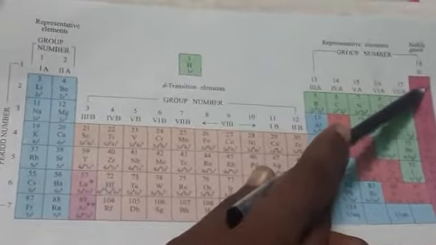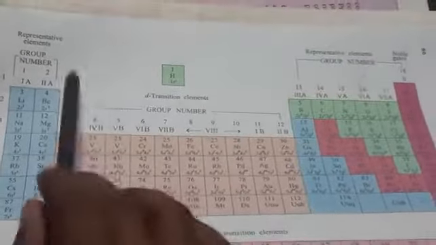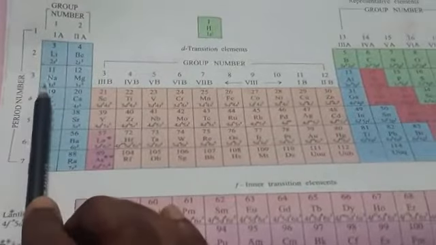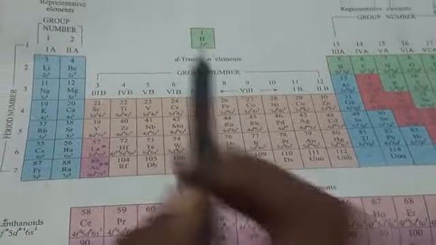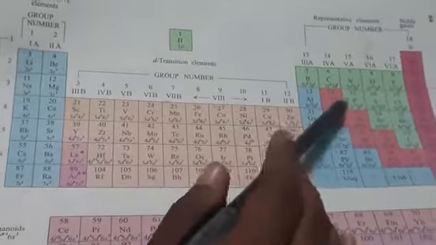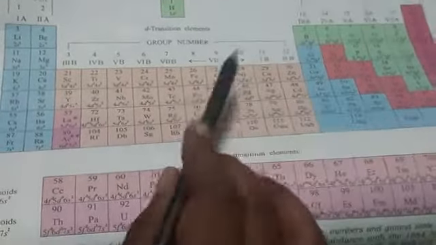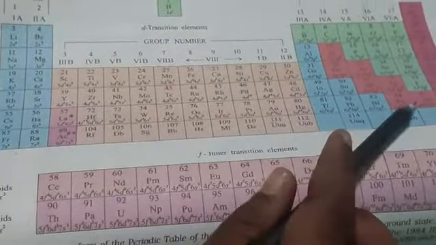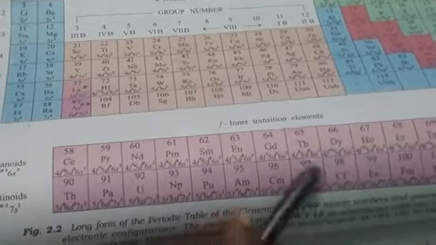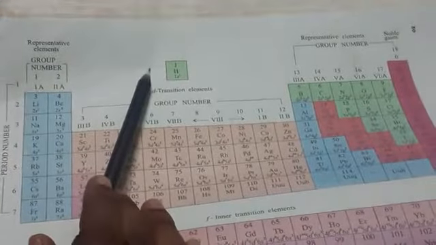Now let us see this in the periodic table. If you observe, the first period has hydrogen and helium, the first one consists of only 2 elements.